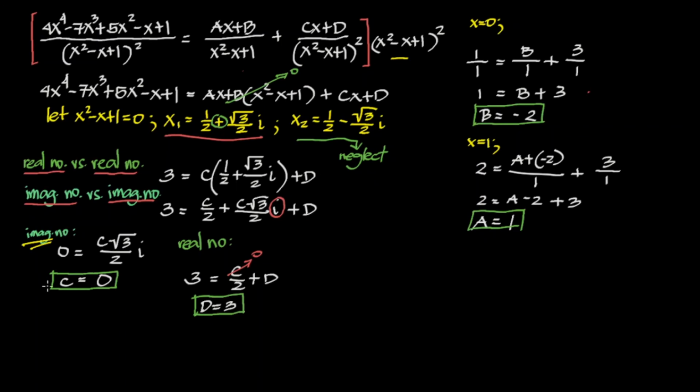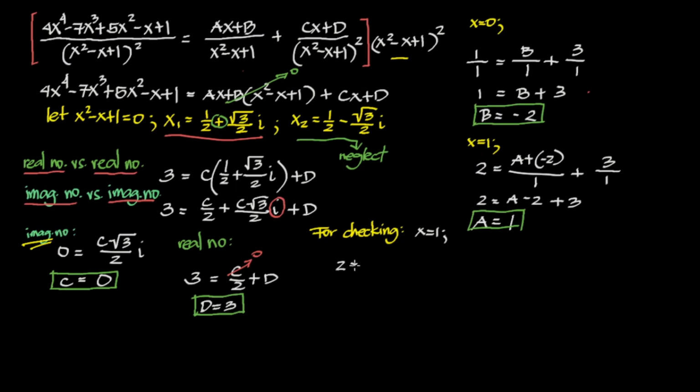Now let's try to verify, check natin kung tama ba yung nakuha natin na mga values ni a, b, c, and d. So for checking, let natin x is equal to 1. Yan yung gagamitin natin. So kapag na-replace ito with x is equal to 1, di ba ang sagot kanina is 2?